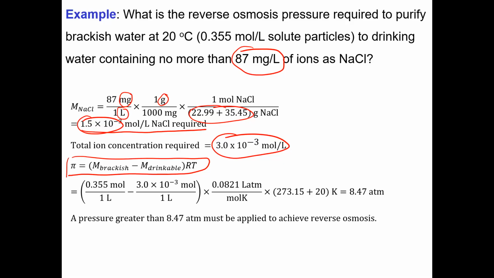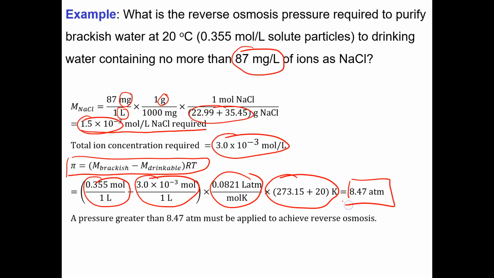So the osmotic pressure is simply going to be the molarity of my slightly salty water minus the molarity of my drinkable water times R and then times the temperature expressed in Kelvin. So this gives me a pressure of 8.47 atm.